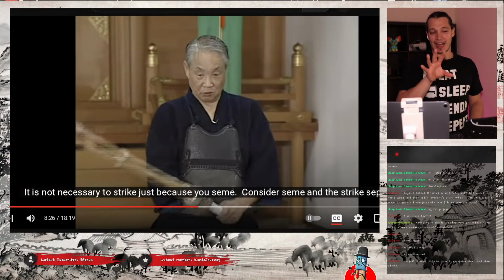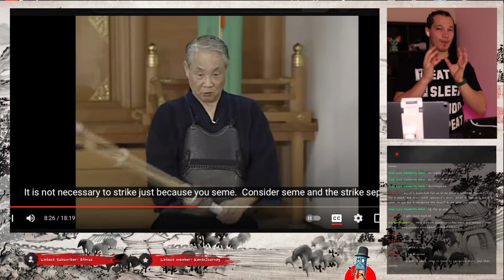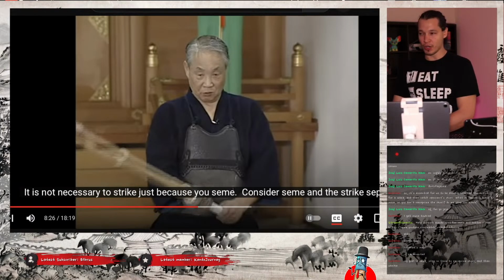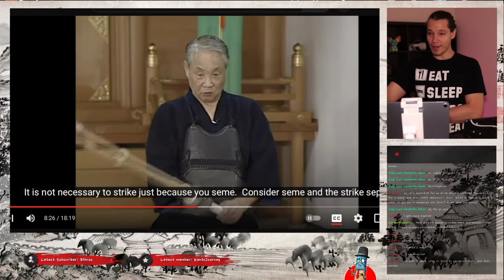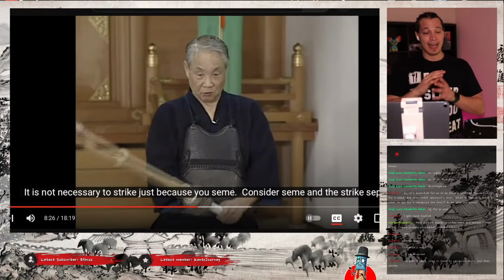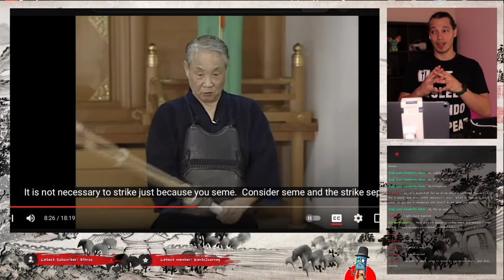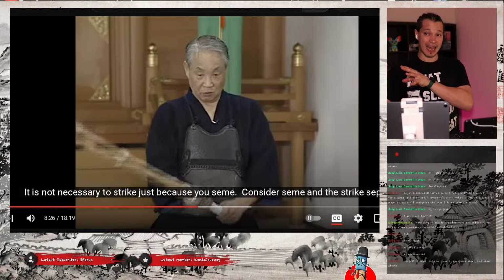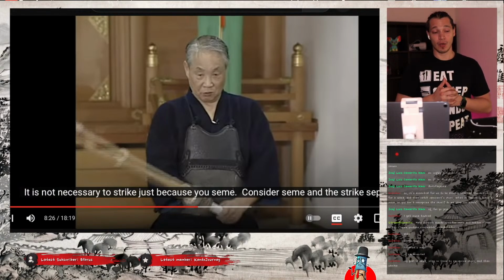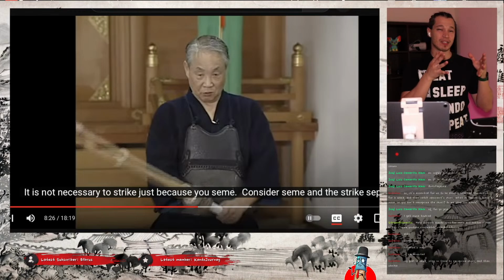This is very interesting, and I think many of us at some point have this same goal where we want to put that pressure, then wait for the opening or wait for that initial movement from the opponent to then attack. And I think that this can cause a big lag between you actually being ready to attack and you actually attacking. Especially because tame can look in very different ways.